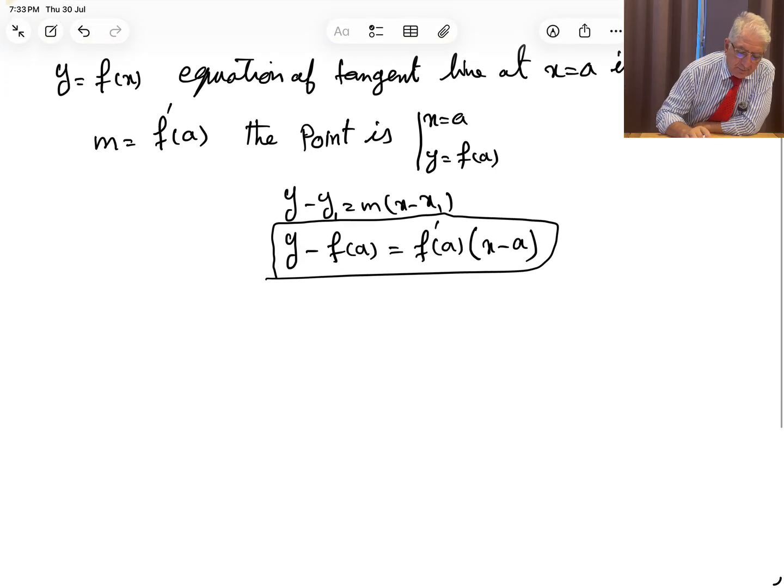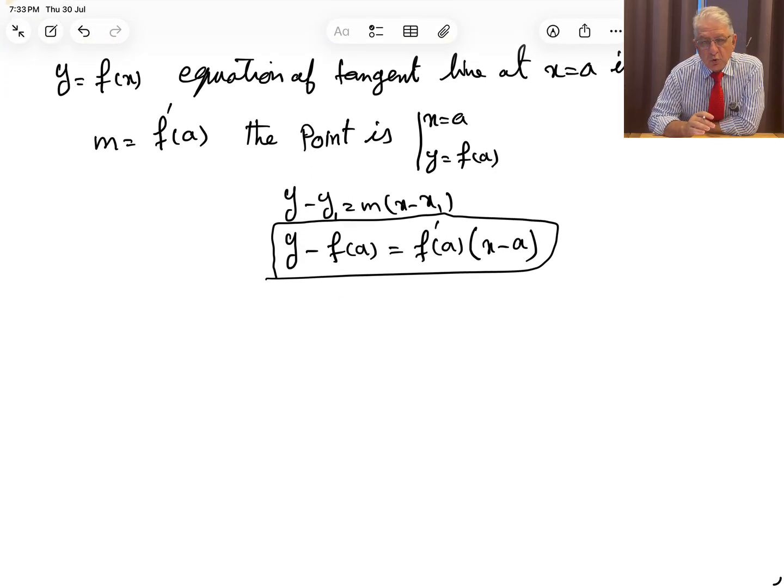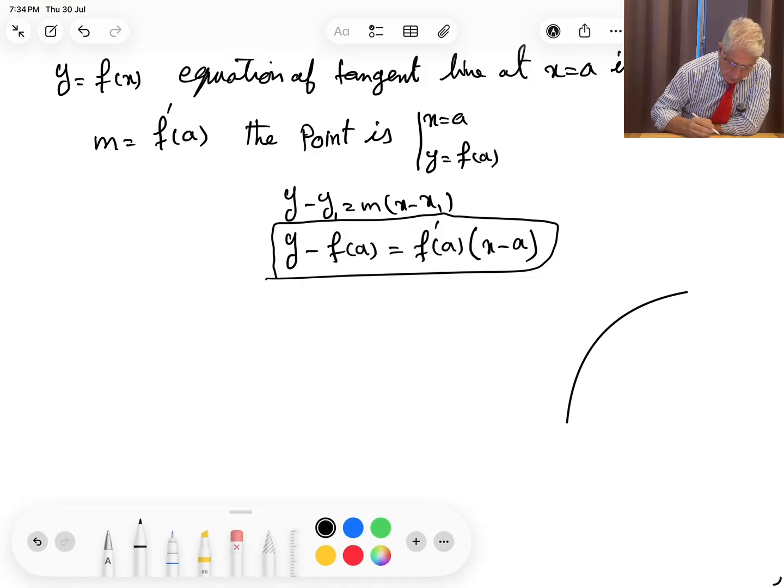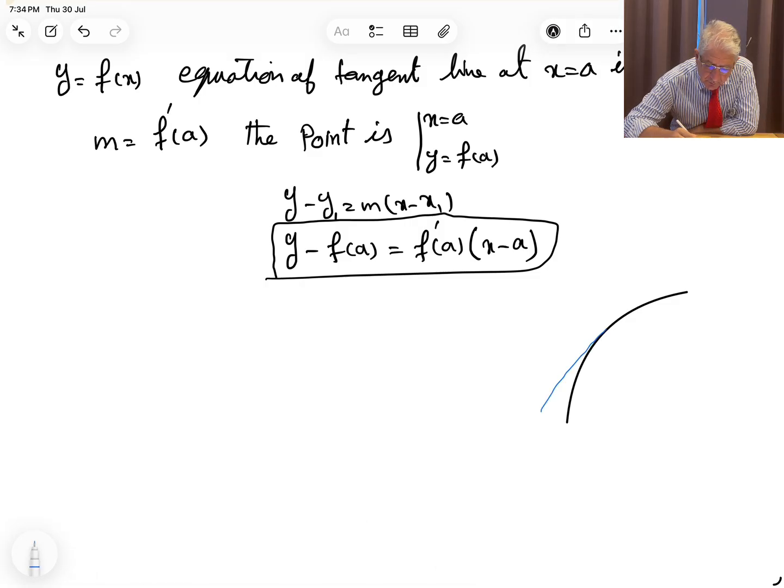Now, the next application is the equation of the normal to the curve. The normal to the curve is actually a line which is perpendicular to the tangent line at the point of intersection. That means if you have a curve like this, now you may have a tangent line which is like this.